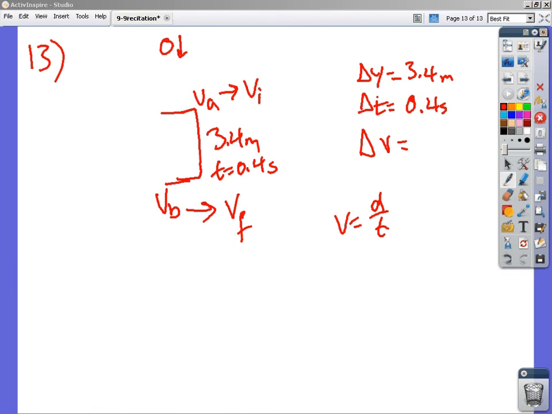So which equation are we going to use? Okay, what else do we know? We've seen this setup a lot so far. Initial velocity, time, change in d, and acceleration. Which one? Yep.